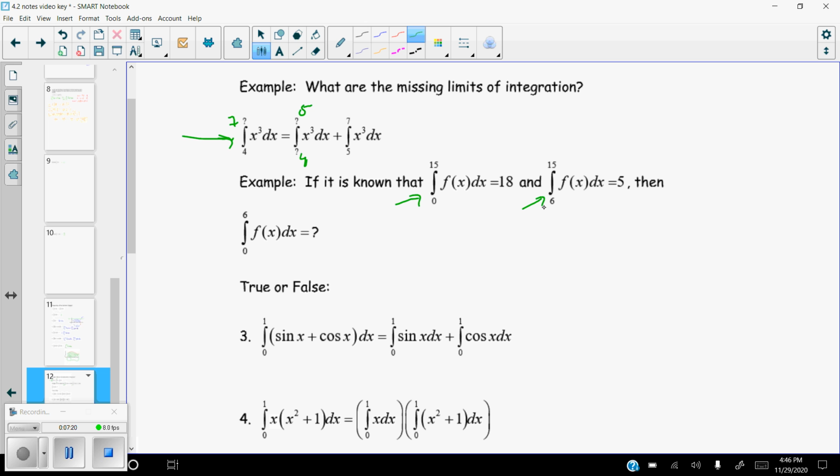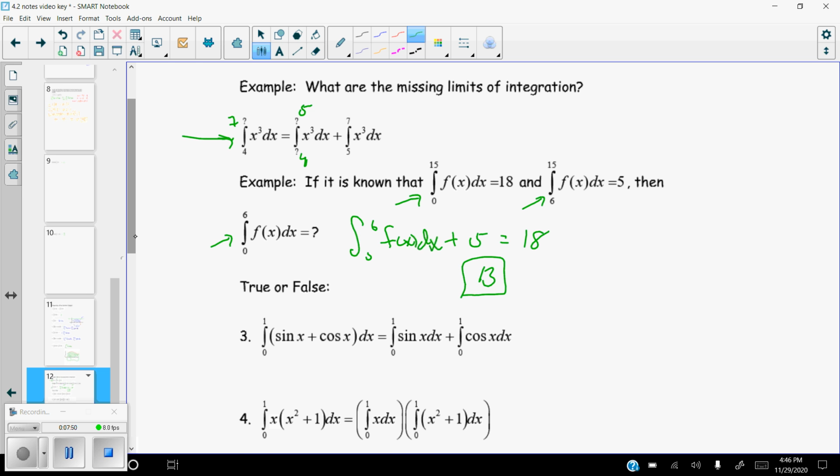This piece only goes from 6 to 15, and this piece goes from 0 to 6. So it should follow that if I take the one that we're looking for, the integral from 0 to 6, and add it to the one from 6 to 15, which is 5, it should give me the total 18. So our integral looks like it's just going to be 13. Subtracting 5 on both sides.